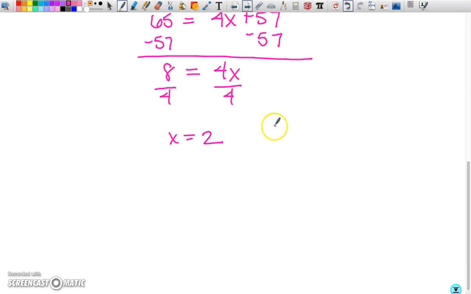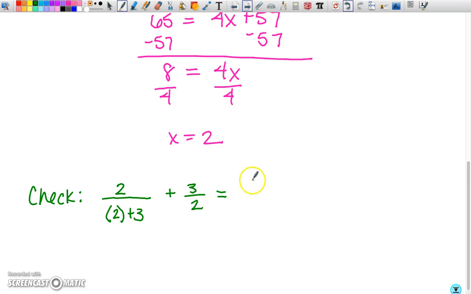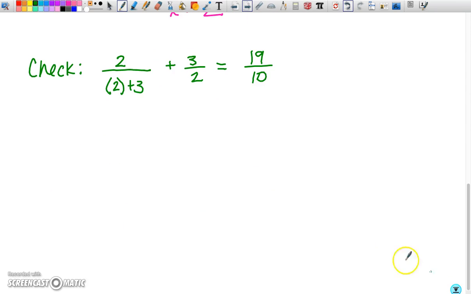So remember that there's a chance that this could be extraneous, so we need to check it. You always need to check it. So we're going to plug in from the original. 2 over 2 plus 3 was the first fraction, plus 3 over 2 equals 19 over 10. From here we have 2 over 5 plus 3 over 2 equals 19 over 10.